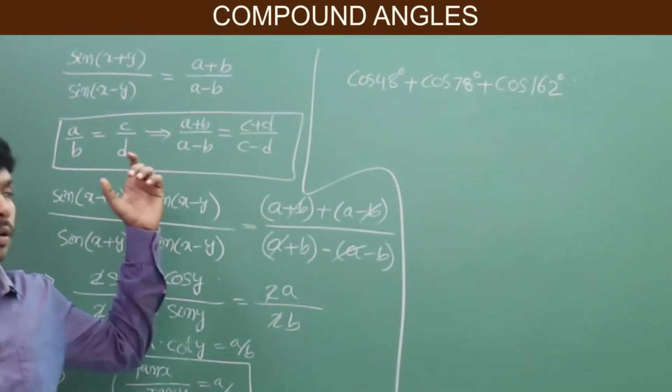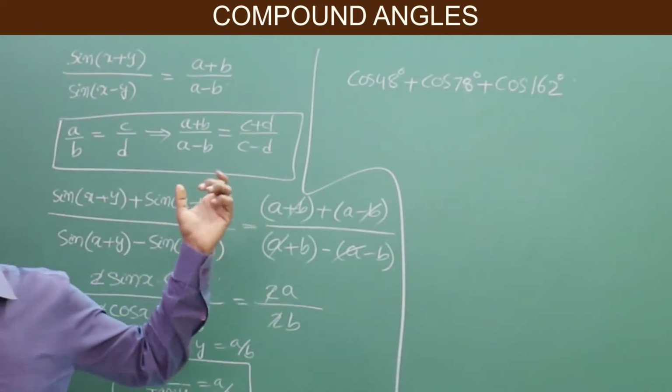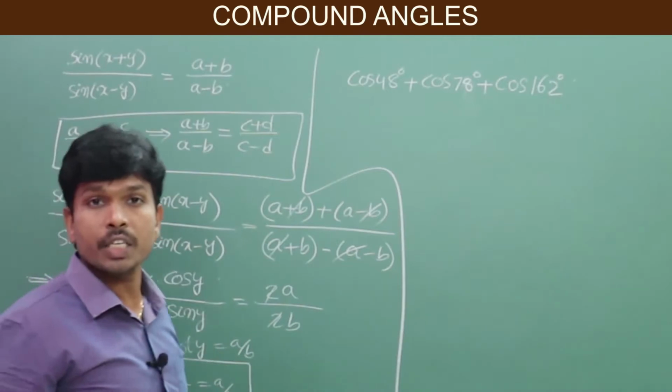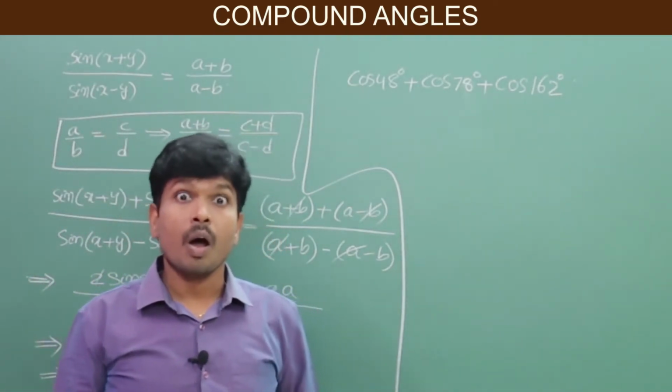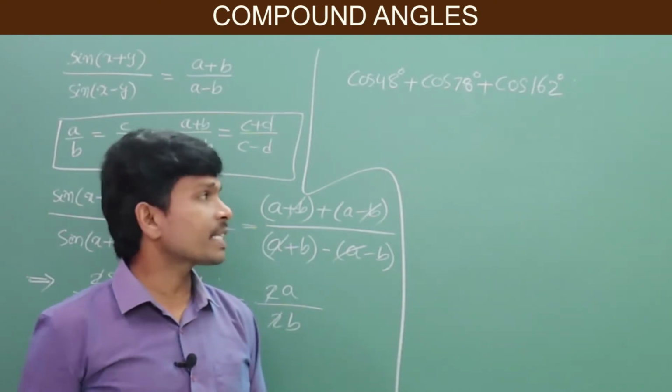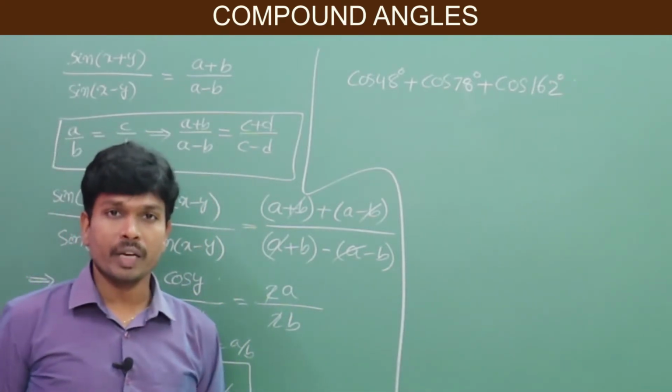One more problem. Cos 48 degrees plus cos 78 degrees plus cos 162 degrees, value. How can you solve? It is a very easy problem. Definitely you can solve it.